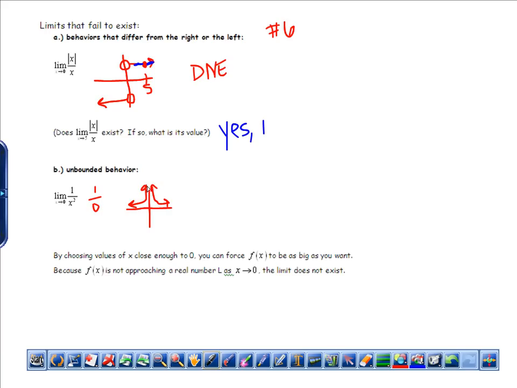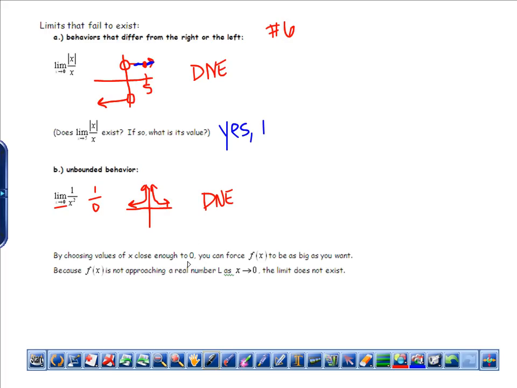It seems like the same behavior, but this is another limit that does not exist. When we were talking about infinite limits, we can have infinity as an answer, but these are, so to speak, finite limits. These are limits as x is approaching a number. If your end result is infinity or negative infinity, that limit does not exist.